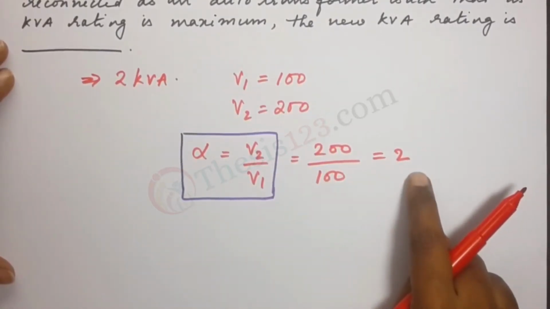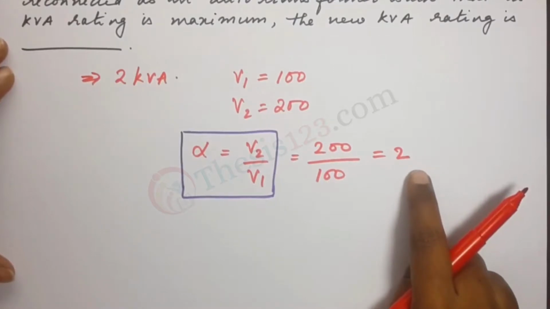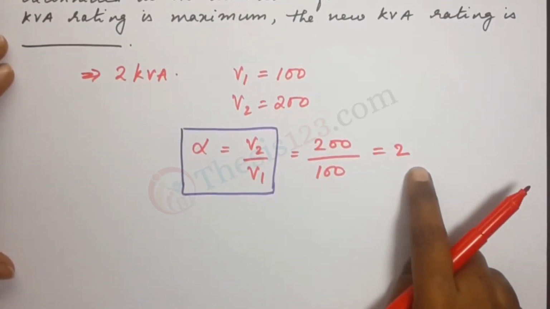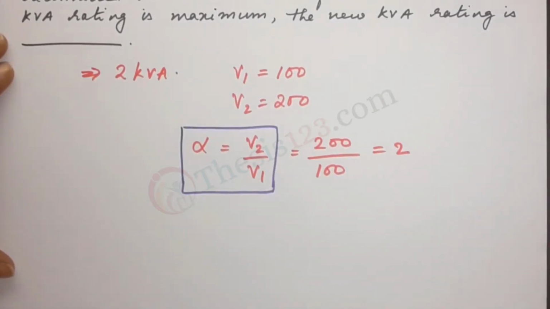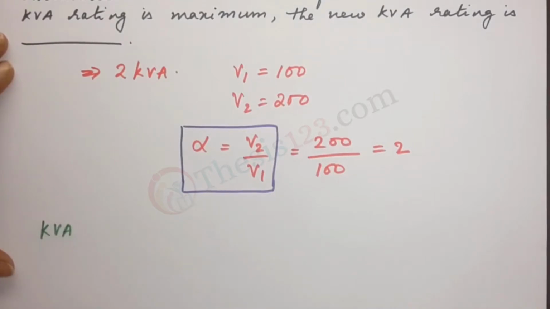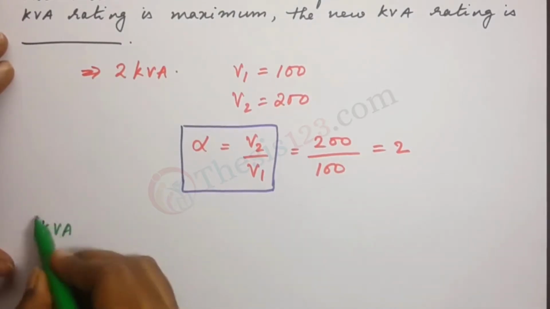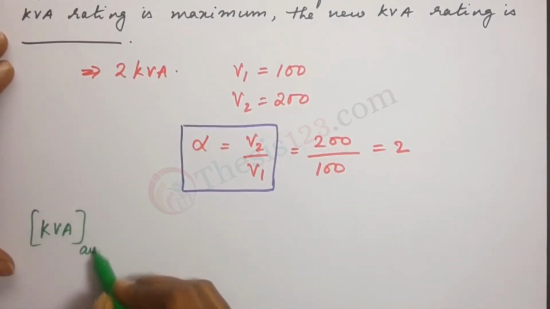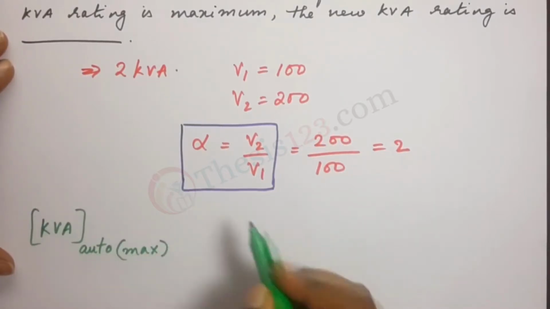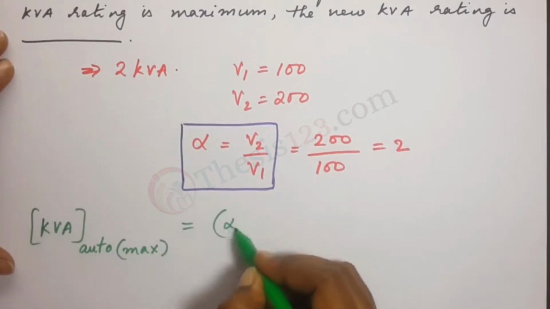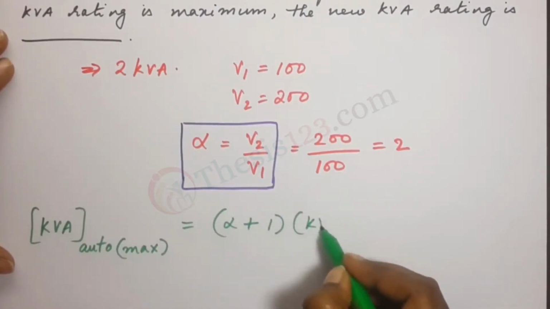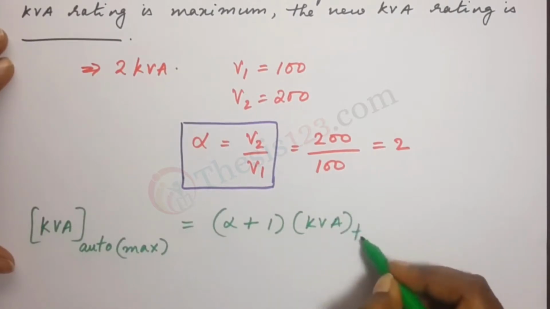Now, since the question says that the transformer is reconnected as an auto transformer such that its kVA rating is maximum, here we can use another standard formula. So the kVA of the auto transformer at maximum rating is alpha plus 1 times the kVA rating of the transformer.